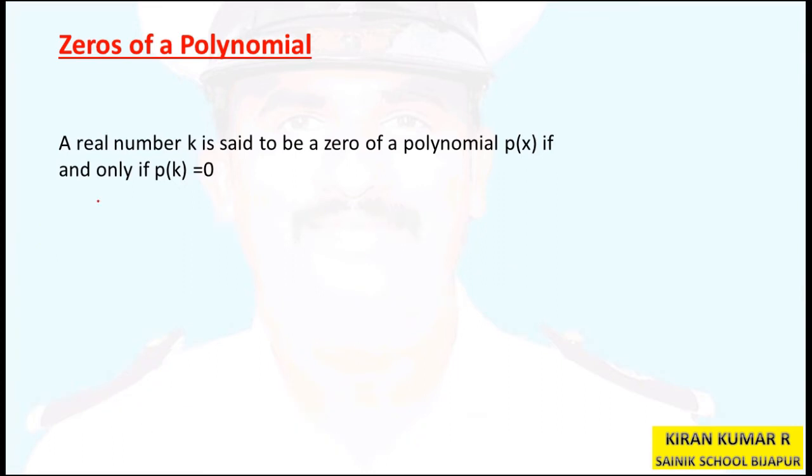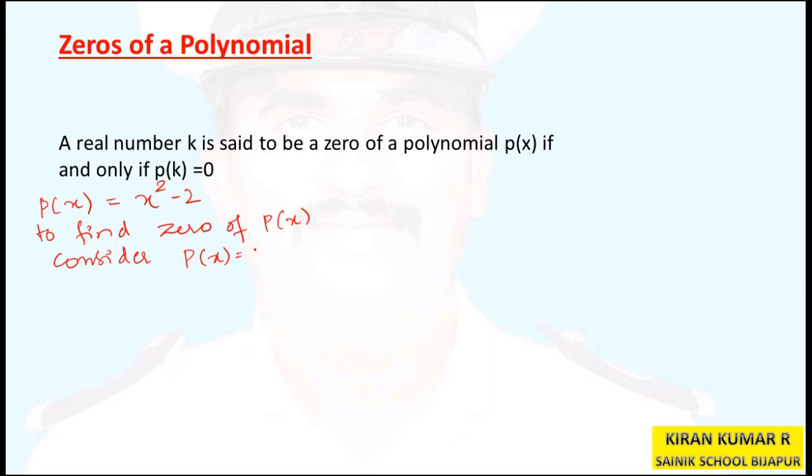Let us see one more example. Let me take a polynomial as x square minus 2. To find 0 of p of x, consider p of x equal to 0, which means x square minus 2 equal to 0.